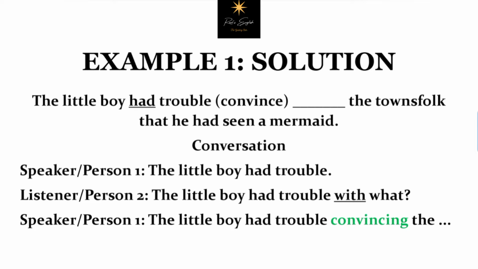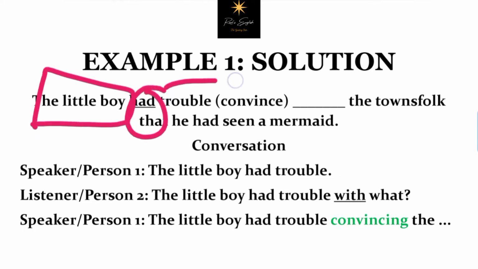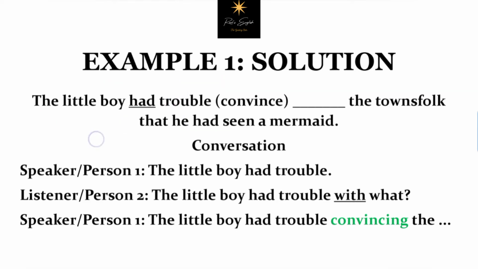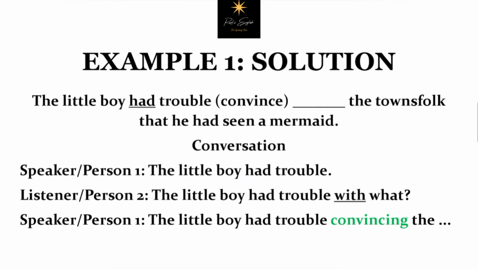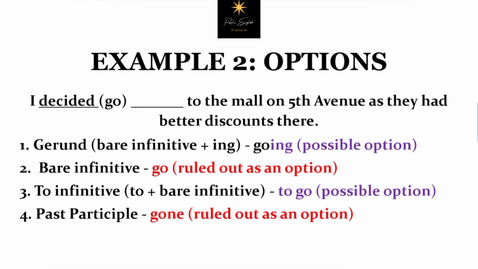Another clue you get is: the little boy had what? Trouble. The little boy and trouble are not the same. They are not one person. They are not intertwined. They are different things. Hence, we get convincing.